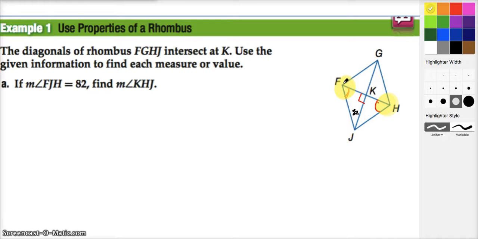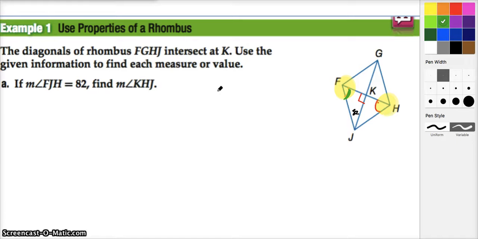And what I also know is that the diagonals of a rhombus bisect all the angles, so then all four of these are equal, right? So if I can find the measure of angle JFH, which I'm going to mark here in green, then I'm already finding this angle measure, and so I should be in good shape. Does that make sense?